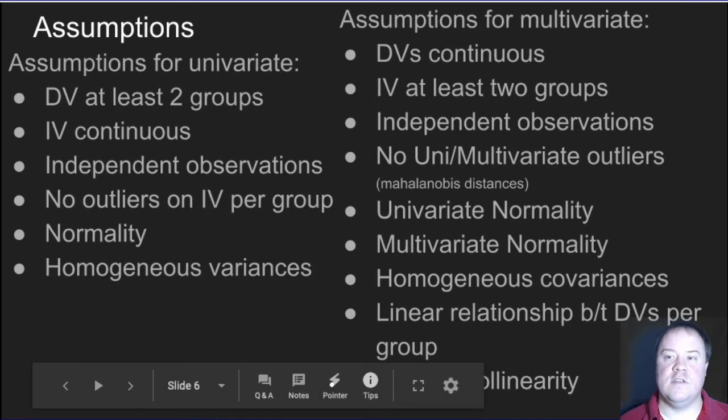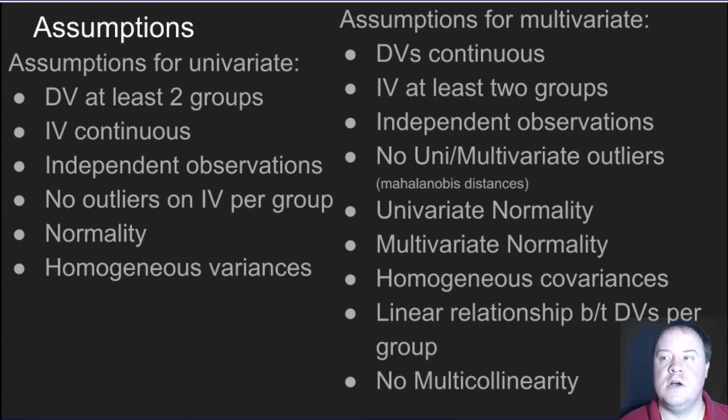The assumptions, so for univariate ANOVA, you are looking for at least two groups in the independent variable, a dependent variable that's continuous, independent observations, no outliers within each group, normality within each group, and homogeneity of variance.